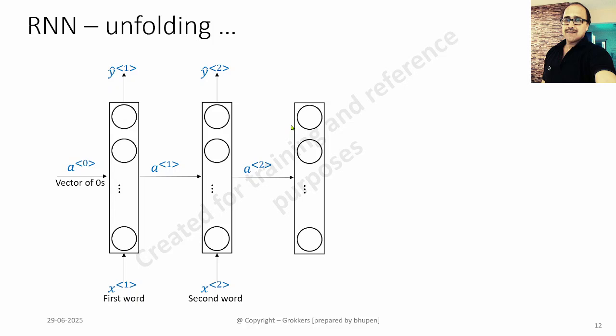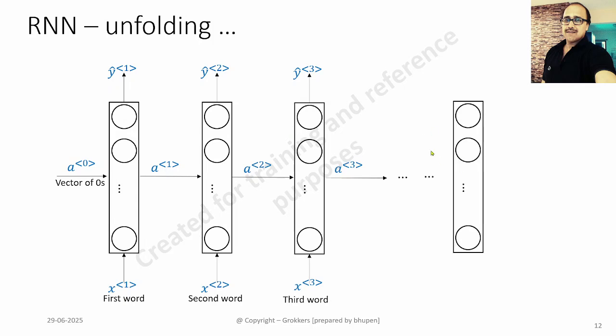And likewise, you will see that all the words in a sentence can be processed in a sequence. While the RNN is processing every word, it is also building the memory, which is the accumulated, or you can say the consolidated, weight of all the sequences in the preceding timeline. So this is called RNN unfolding, which simply means processing of the tokens in terms of time steps.